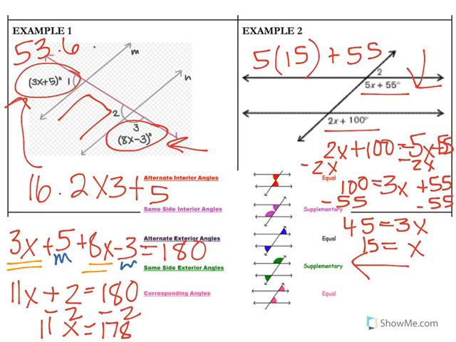Okay, so 5 times 15 is 75, plus 55 is 130. So we're saying that this angle is 130 degrees, and it is an obtuse angle if you look at it upside down, and that means that this angle is also 130 degrees.